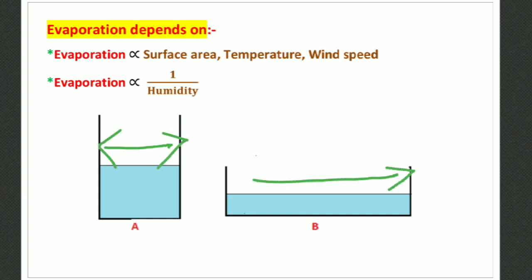As you can see here, the surface area of beaker B is higher as compared to beaker A, so more particles will leave from B.